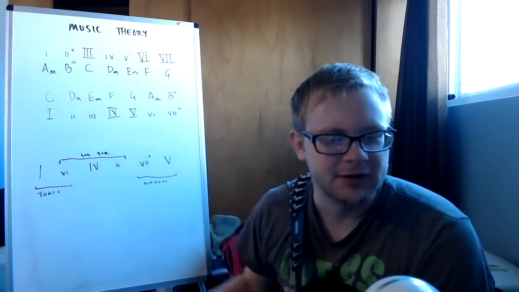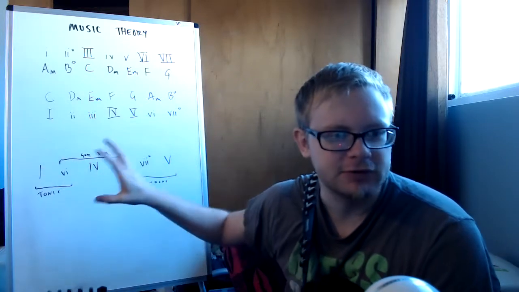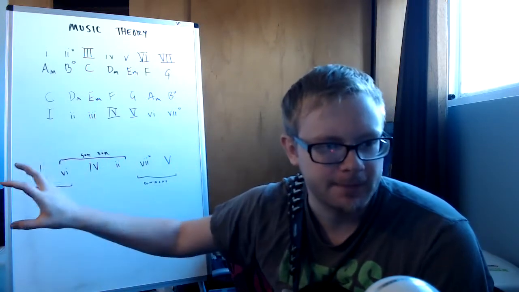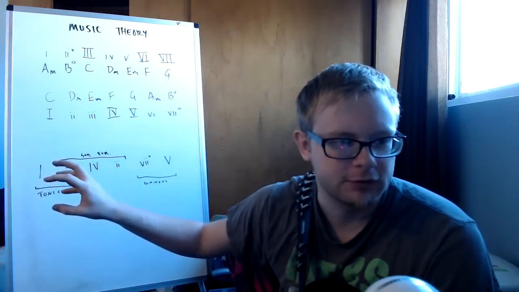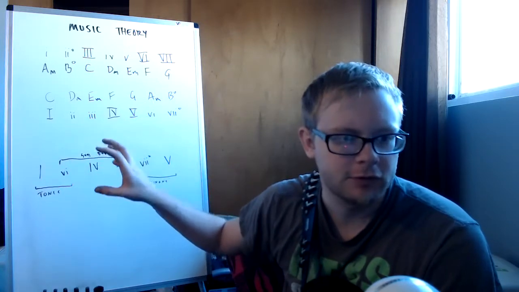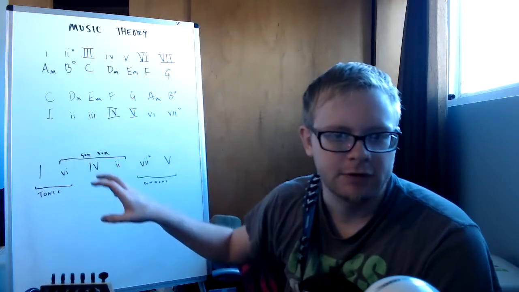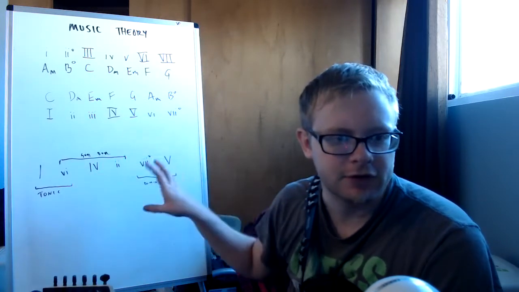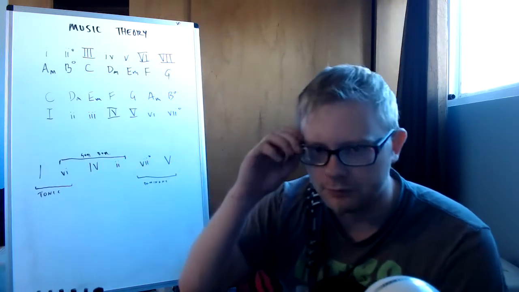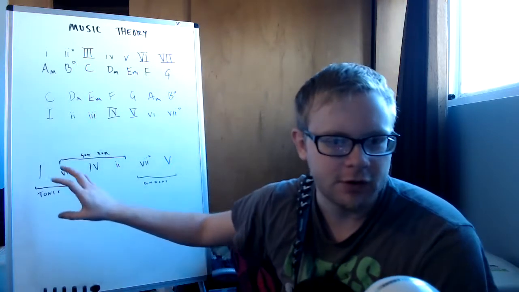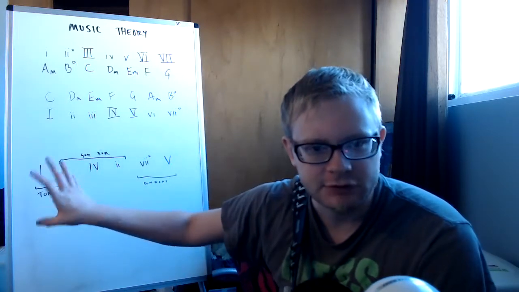So what I've separated these chords into is three different categories. We have a couple chords called the tonic chords, a couple chords called the subdominant, and some of these called the dominant chords. These three categories have specific functions and roles. So the tonic chords here are basically the starting and ending point.